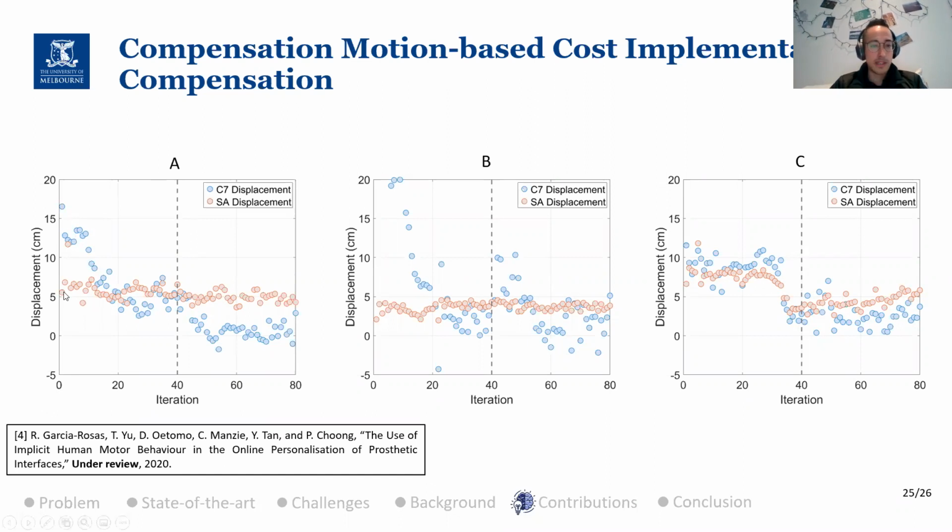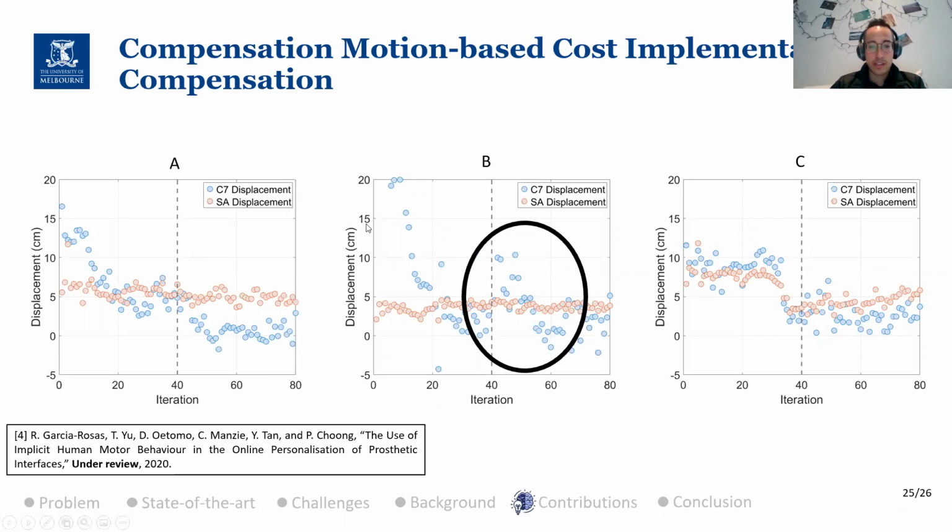And interestingly, the shoulder remained quite constant. There was not a big change, even though when we designed the cost function, we asked it to minimize it to 0, so the set point is 0. That was unexpected. I was expecting that they would also reduce that, but it seems that maintaining about 5 centimeters of forward displacement with the shoulder was more comfortable.